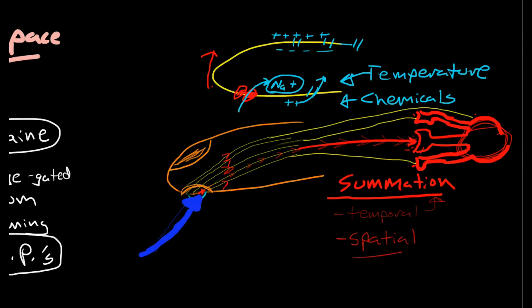So temporal is essentially one nerve that has many impulses. Spatial is many impulses spread over a number of nerves. And typically, no impulse is going to be sent from the peripheral sensory nervous system up to the thalamus unless there is some degree of summation involved.